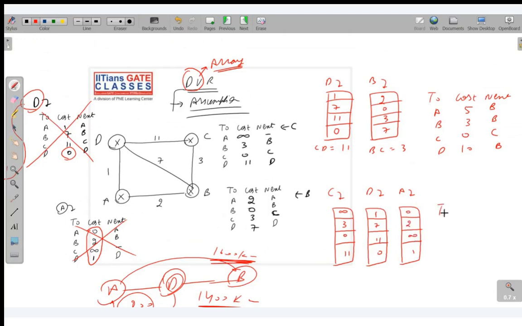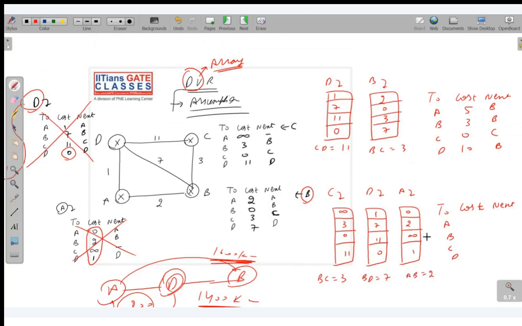Now here we will say 2 cost next. So A, B, C, D. Put the values here. BC cost 3. We are making it for B, so that's why BD and AB. BD cost 7, and AB cost is 2.